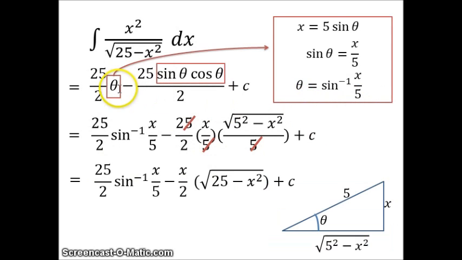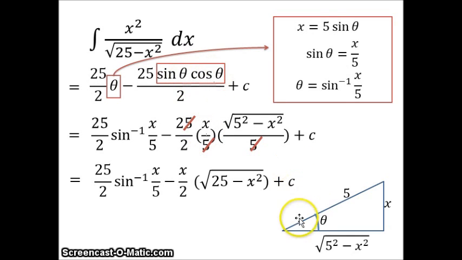So how do we get it is going back to x equal to 5 sine theta, we can let sine theta equal to x over 5, and where your theta would be your inverse sine x over 5, which is your theta here, and also here, and your sine theta would be your x over 5, which is here, and your cos theta.